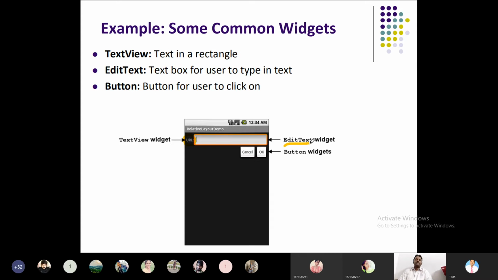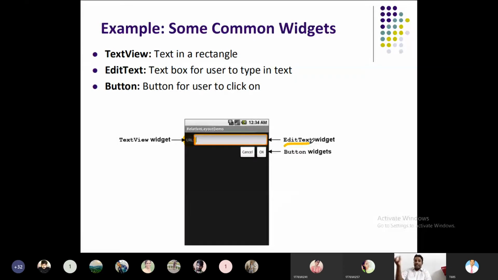Then buttons. In this example, they have taken two buttons, sign in and cancel, one edit text and one text field. So you have to use the same terms. Don't write text field, button, label like AWT while writing in exams. You have to use the terms text view, edit text, and button. Text view is used to show a text to the user.